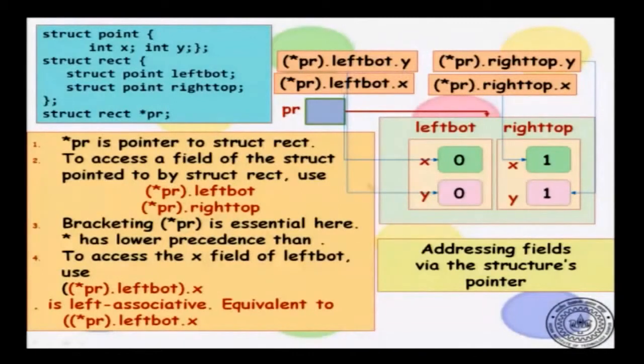So, it will come to the left bot field of the rectangle and pick its subfield y. So, star PR dot left bot dot y would refer to this location in the memory. Similarly, star PR dot right top dot y would be this location in the memory, and so on. So, you can address the subfields of a structure using a pointer.